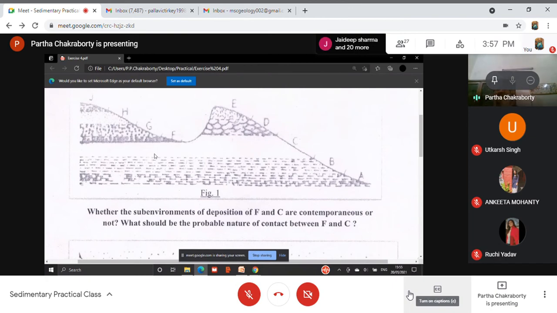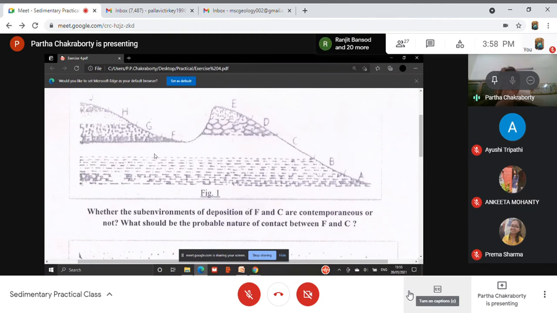It is erosionally overlying the underlying strata. Is it clear? Next, the two different diagrams I am not telling today.